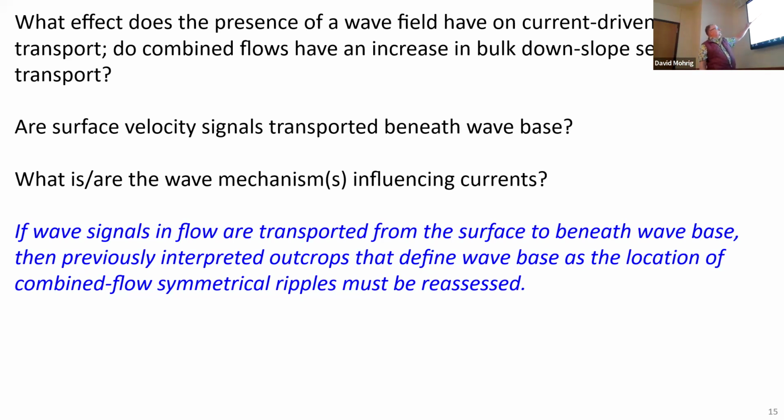And is there a signal of the wave field that's being translated below wave base? The answer is it appears so. And then what are really the mechanisms influencing the currents? How do the waves influence the currents? If you can put a wave field into the current, then you could produce wave-looking structures at much greater water depth.